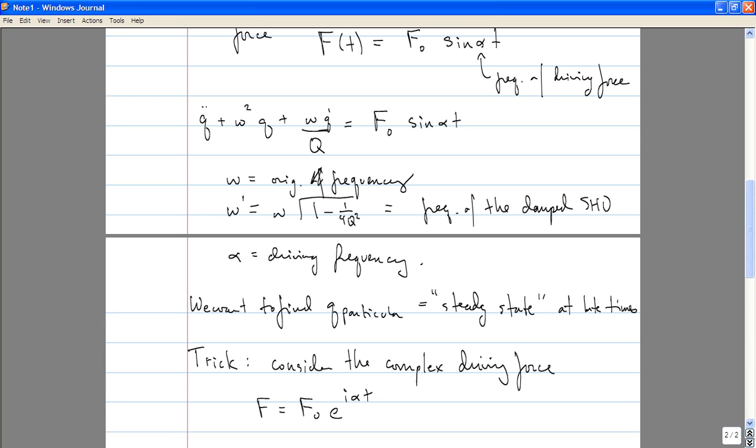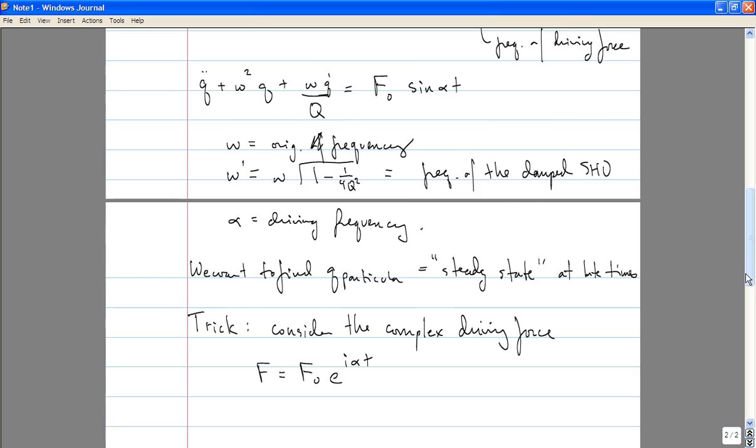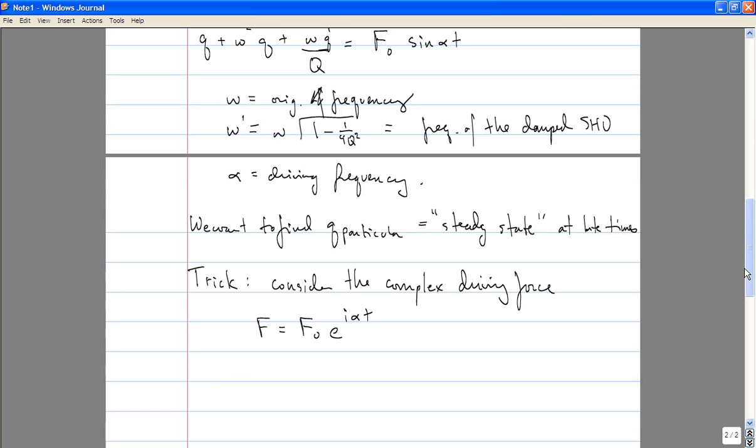And once I do that, then my differential equation, q double dot plus omega squared q plus omega over q q dot equals F naught e to the I alpha t, will have complex solutions.